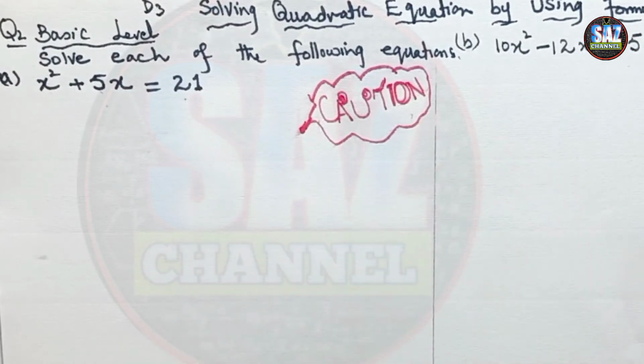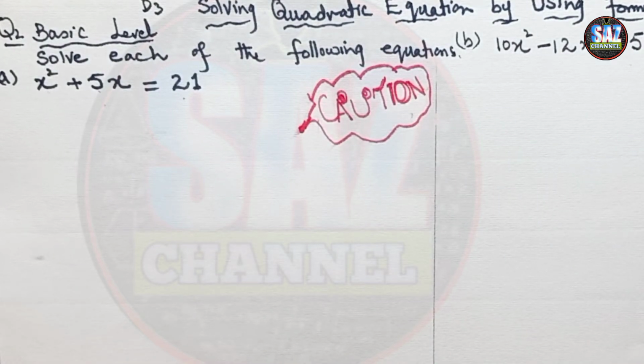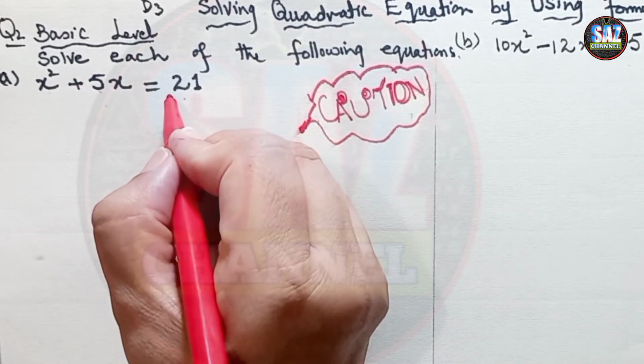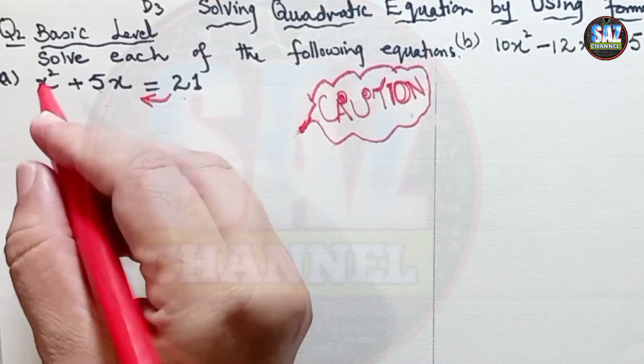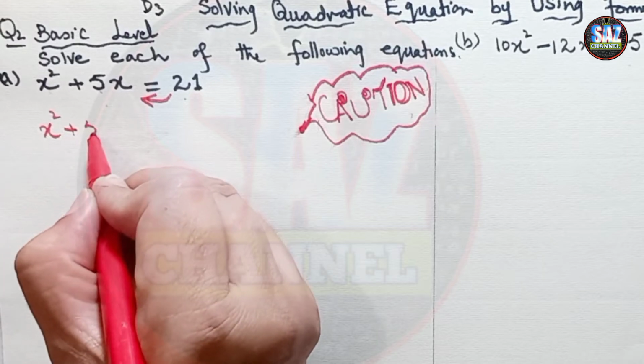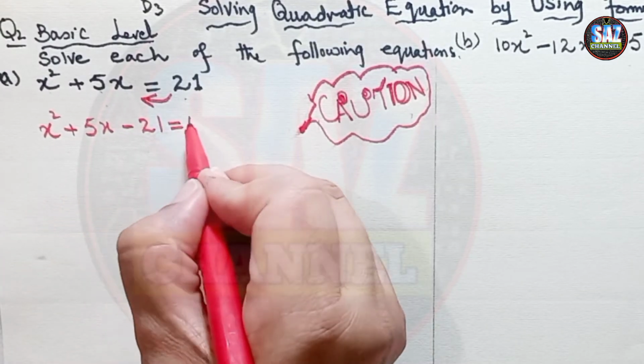So be careful, this equation is not in standard form. First of all, in order to apply the quadratic formula, I have to write this equation in standard form by shifting 21 to the other side. So the equation will take the form x square plus 5x minus 21 equals 0.